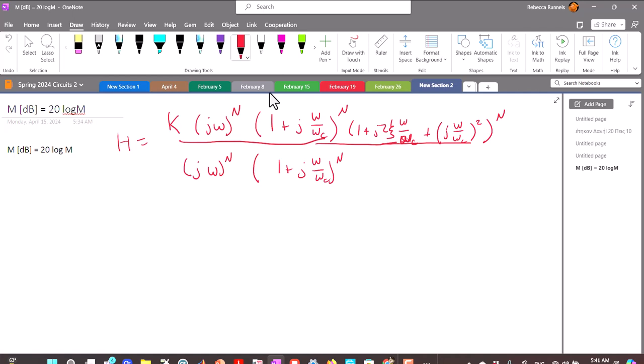So you could have a quadratic zero, and you could also have a quadratic pole. And each one of those factors will contribute to the magnitude of the gain, or to the Bode plot in a particular way.